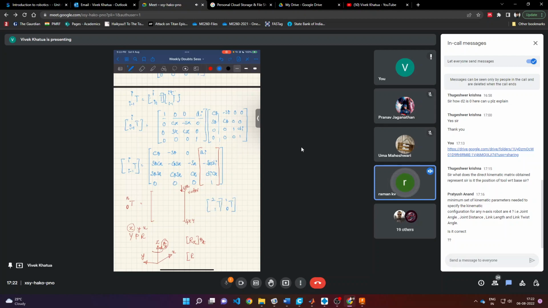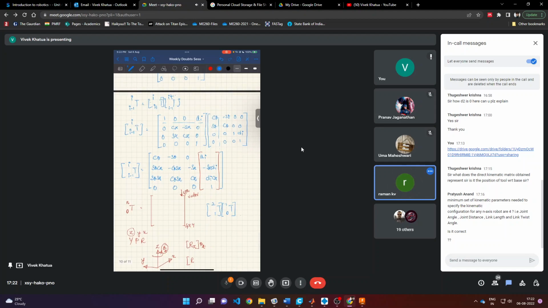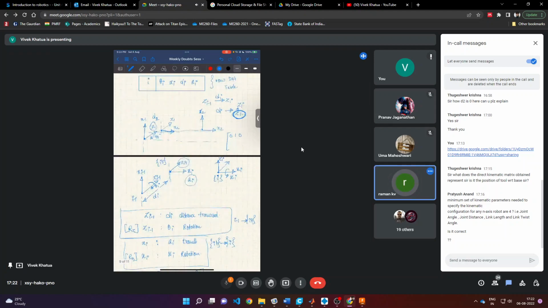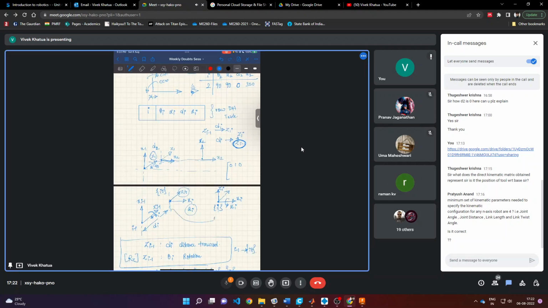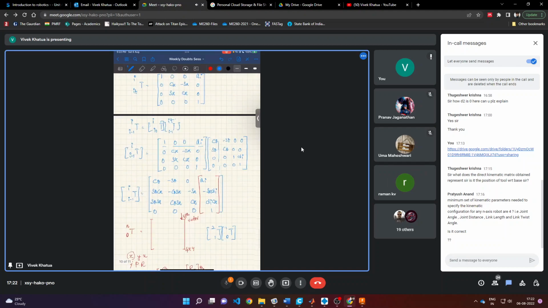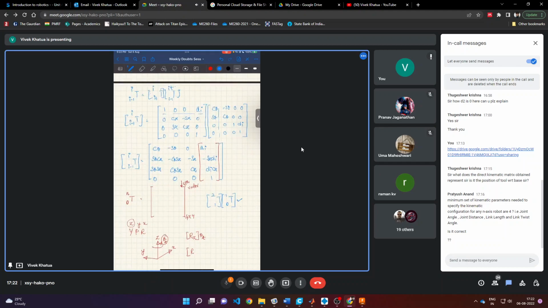This transformation matrix, where does it take me from which frame to which frame? Let me be clear here. It takes you from this frame to this frame, not from the ground frame. For the ground frame, you have to do something like this.